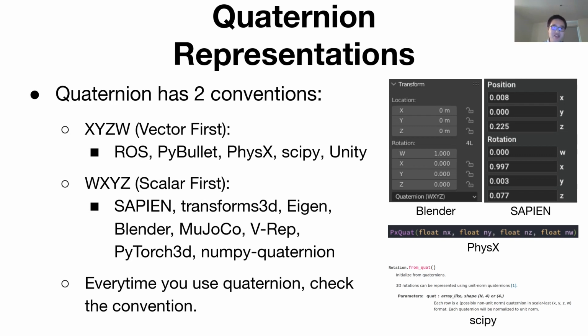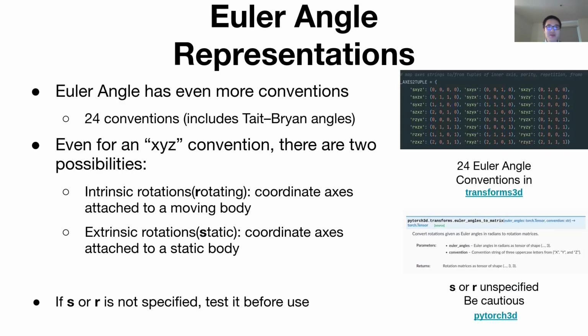If you think 2 conventions is not enough, here come the Euler angles. We have 24 conventions, and those conventions are summarized in the Transforms3D library, as shown in the picture on the top right. And even for an XYZ convention for Euler angles, there are still 2 possibilities. One is the intrinsic rotations, or the rotating frame.